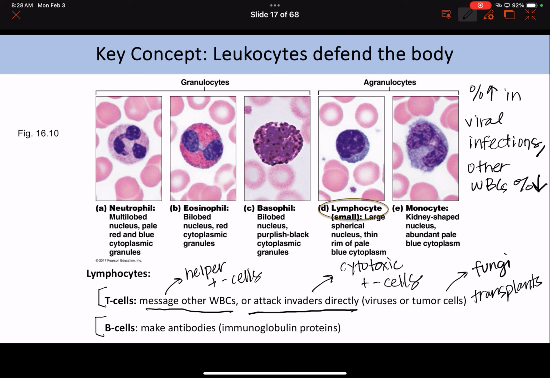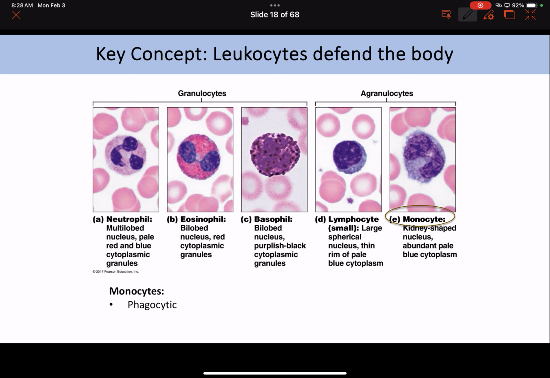Questions about lymphocytes? Okay. And then I mentioned to you before that our B cells, we also have memory B cells, and those are the ones that stick around for years and years so that we can recognize an infection or a bacteria, virus, what have you, that we've been exposed to before. So in case we're ever exposed to it again, we have a faster response. And again, we'll talk more about that with the immune system.